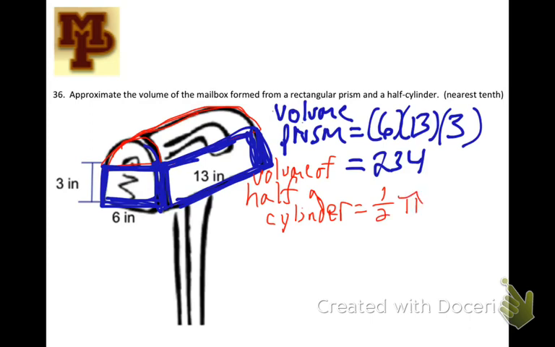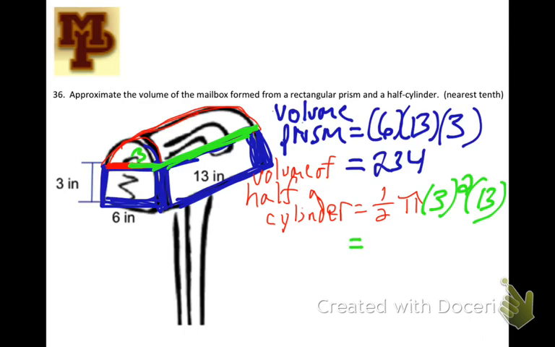The r here, see, this whole thing is 6, this is the diameter, so the radius will just be half that, so it'd be 3. So that's going to be pi times 3 squared, and the height of the cylinder, it's like a cylinder turned sideways, so the height is 13.